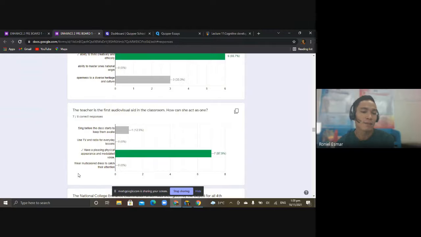Have a pleasing physical appearance and modulated voice. Dapat pleasing po ka, formal po ka lang tawon sa mga bata nga you are worthy of their respect, of their attention because of how you look. Dili ka the kind of teacher nga nagkarong ang buhok, di mamugong, naapay ka ng laway nga nauga.